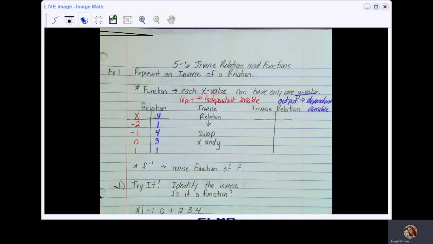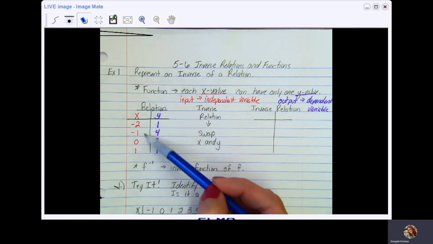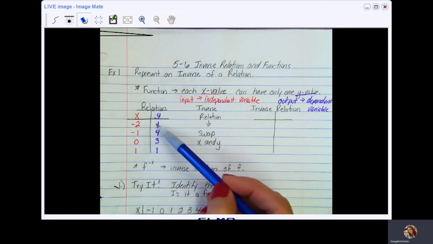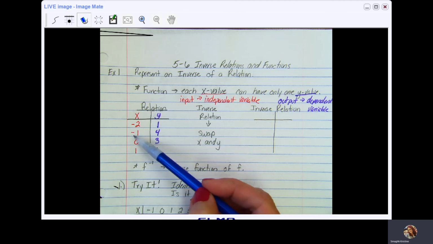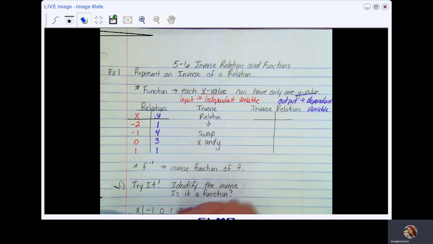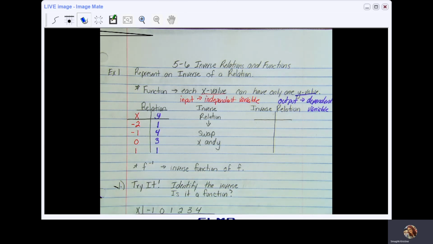If you look at it, first of all, the x values don't repeat. So each x value has its own y value. It's okay that the y values repeat, as long as I don't, say for instance, have -2 equals 1 and then -2 also has a y value of 5. Then it would not be a function. So this is a function.